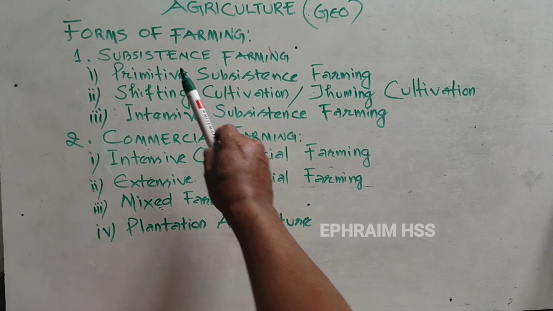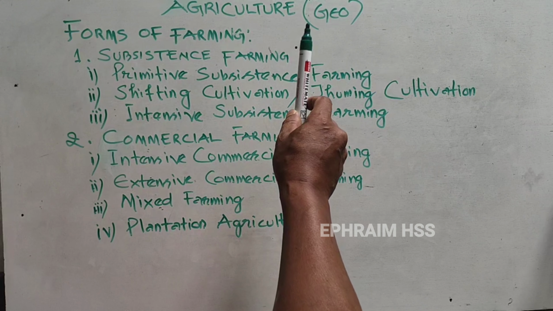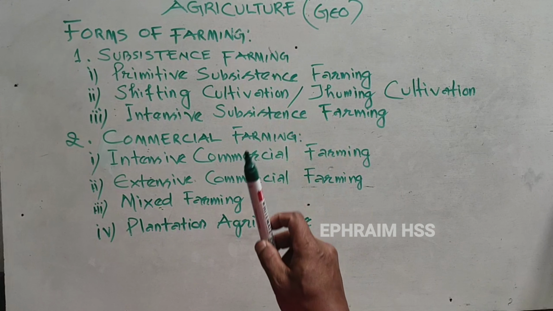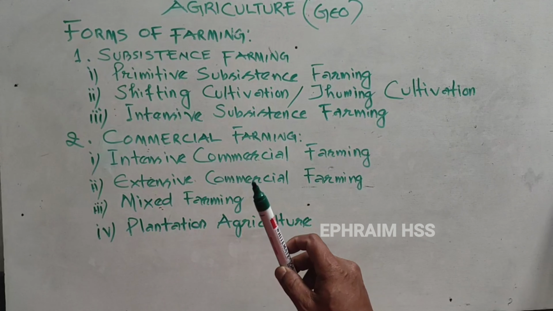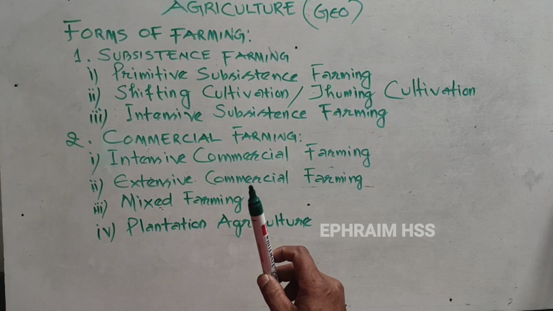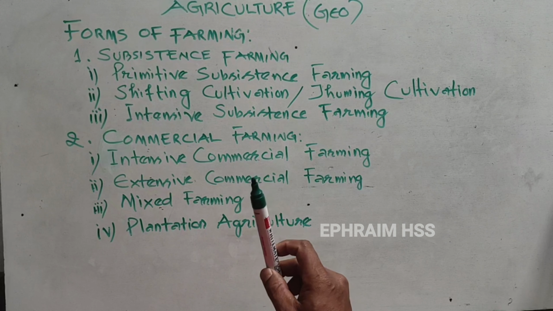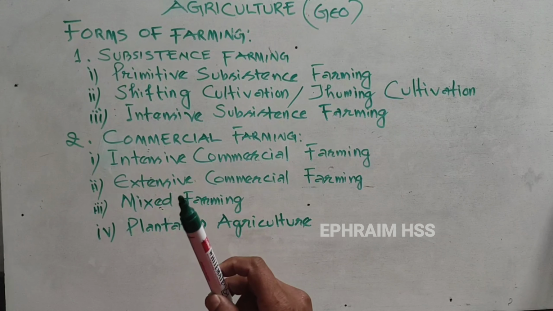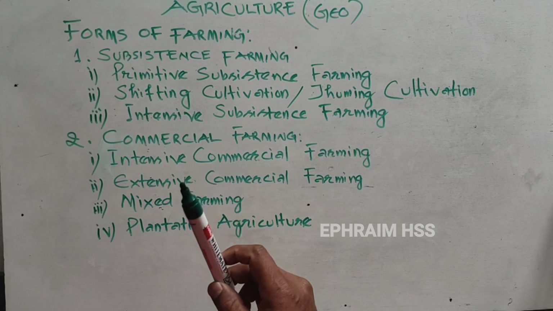Now, what is subsistence farming? In these types of farming, the main crops produced are consumed by the farmer's household, and there's very little that the farmers can sell in the market.